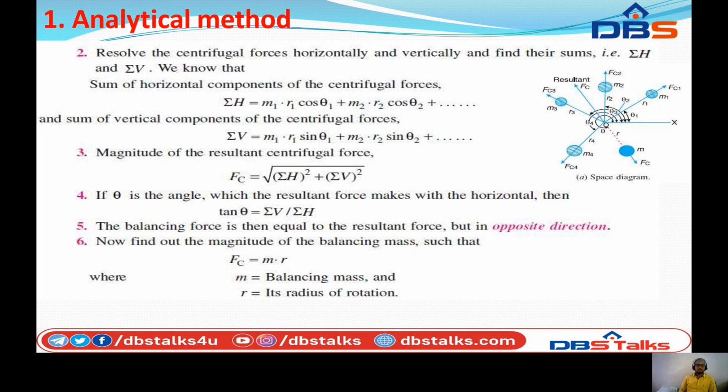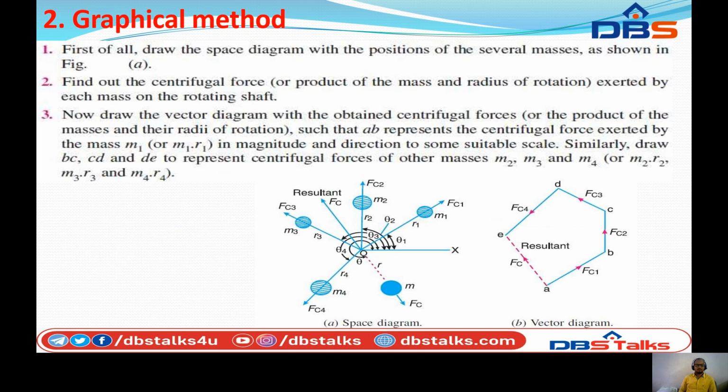Now finding the magnitude of the balancing force, such that Fc is equal to m r, that is the balancing mass and its radius of rotation. So the technique we have applied here is the analytical method.